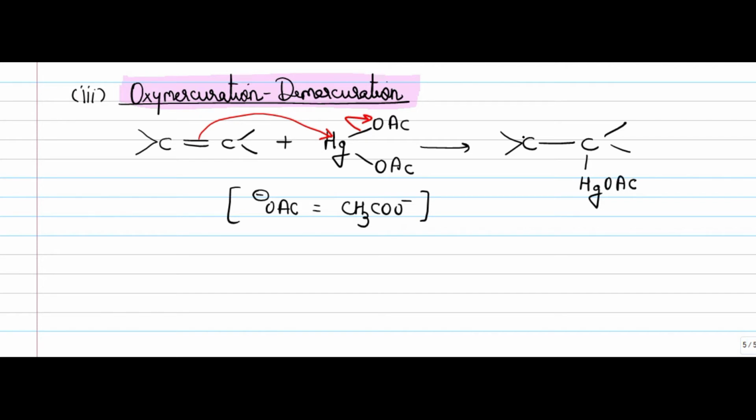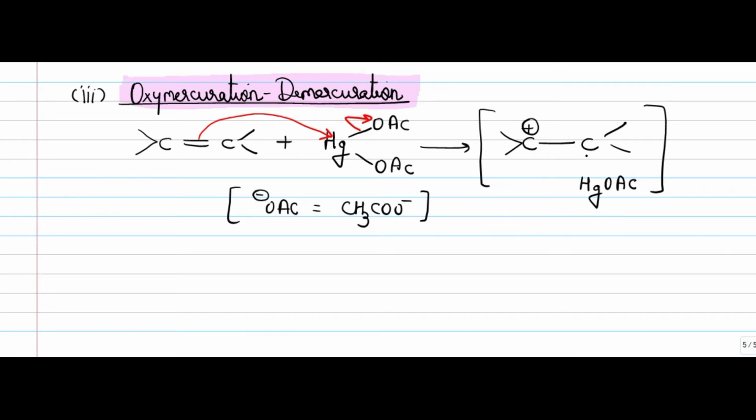There is a positive charge generated here, right? And so now from the valence shell of mercury, electrons are given onto this carbon, and this results into formation of a cyclic transition state or cyclic intermediate, right?